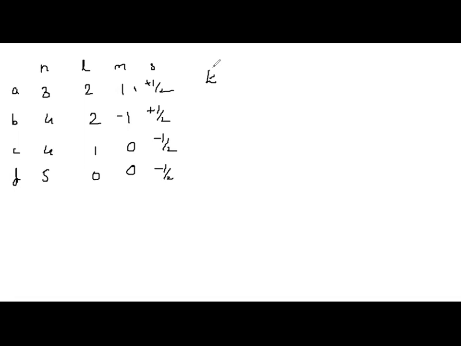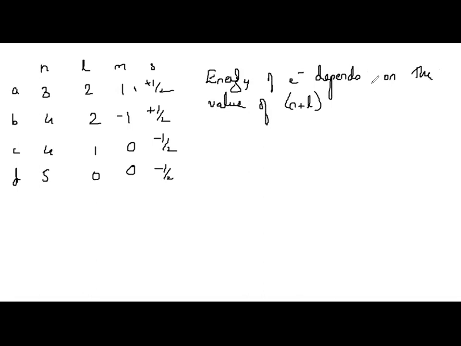Energy of the electron depends on the value of n plus l according to the n plus l rule. Yes. So what are the subshells? A, what is the subshell? Third shell, l is equal to 2 means it is d.